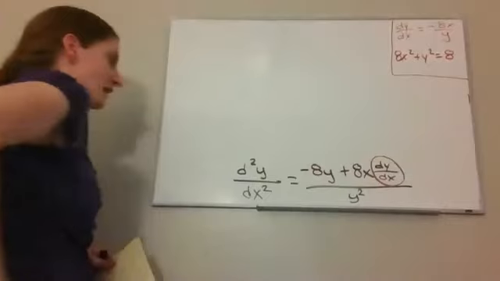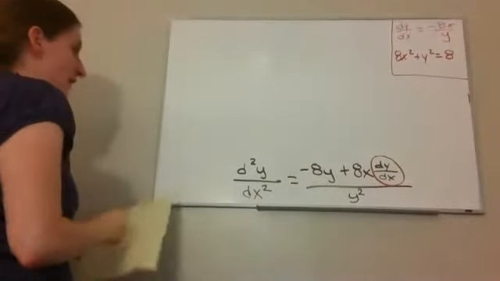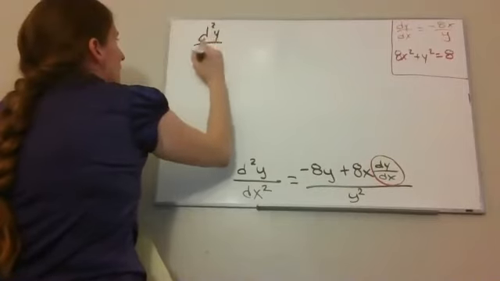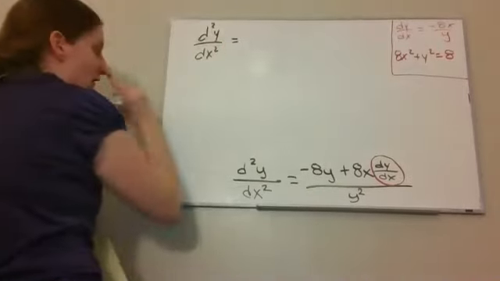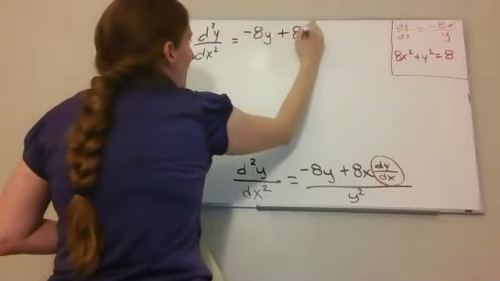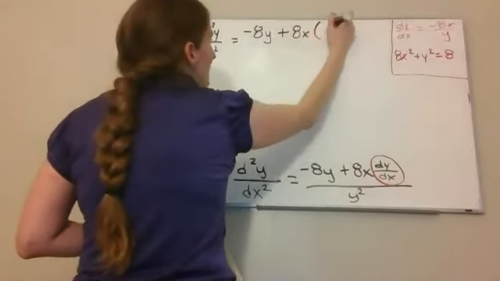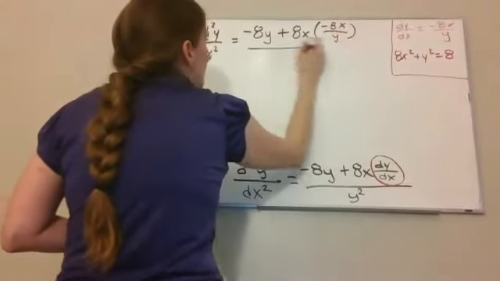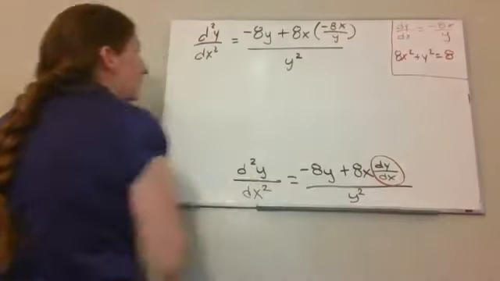So when I replace that dy dx with what it's equal to, I get that my second derivative is equal to negative 8y plus 8x times my dy dx, which is negative 8x over y, all over y squared.